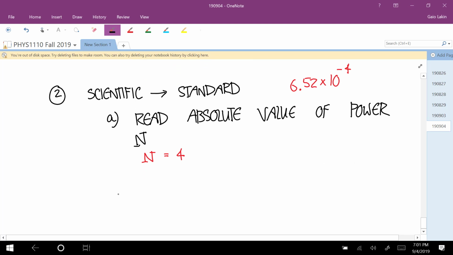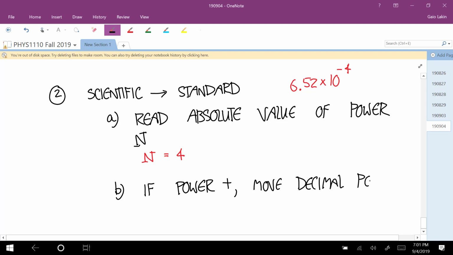And then if the power is positive, move the decimal point n places to the right.